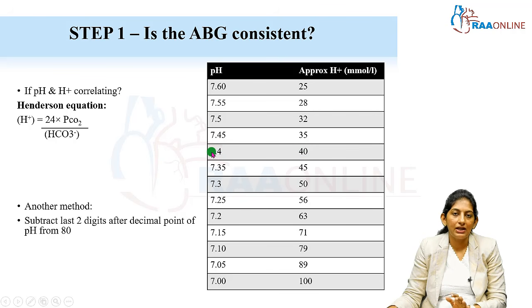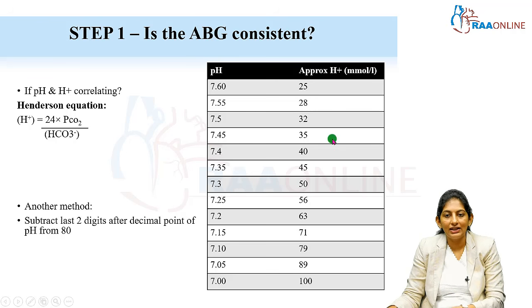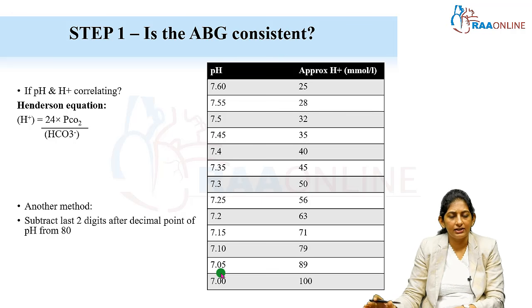Now, you check the pH value in the patient's report. If it is 7.4, then it is correlating, then the ABG is consistent. You can move on to the next step of identifying what acid-base disturbance is there for the patient. So, step 1 is always checking the consistency of the ABG. This is present in all textbooks. You can keep this as a ready reckoner also. It is present in Harriet Lane, etc.